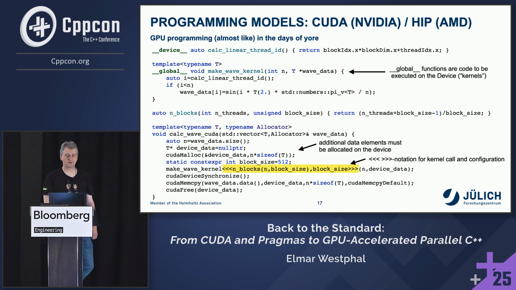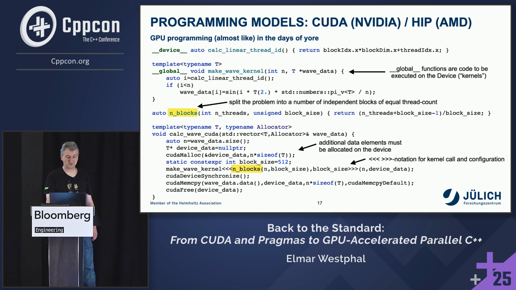The kernel is called using the triple chevron syntax given here, and among other things that we can pass here, we need to pass the number of blocks that can be calculated from rounding up the result of the integer division.